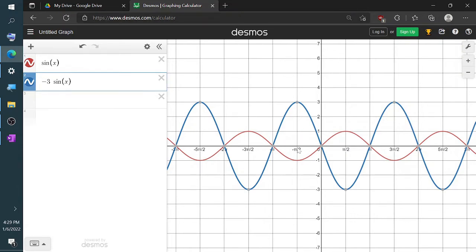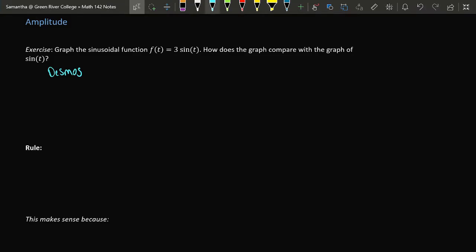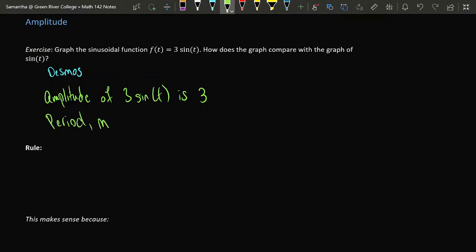It would take 3 units of distance to go from the midline at y equals 0 up to the peak at y equals 3. So to sum up our observations, the amplitude of 3 sine t is 3 units, and the period and the midline were unaffected.